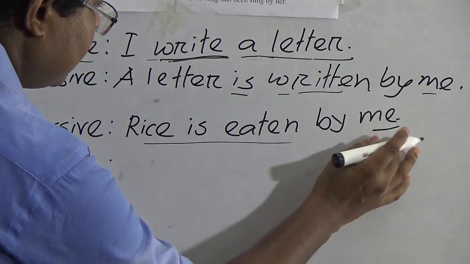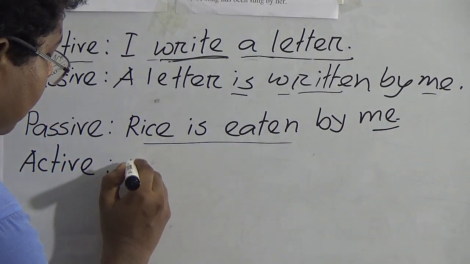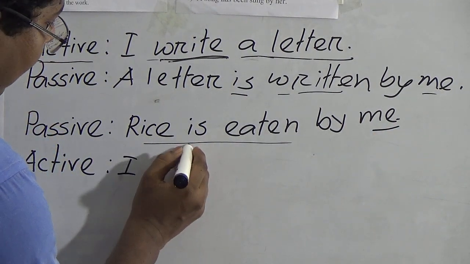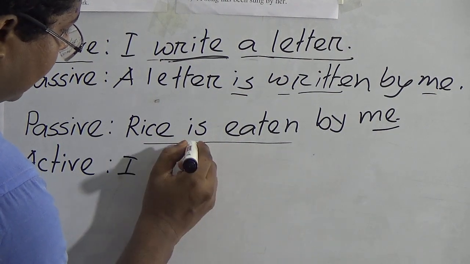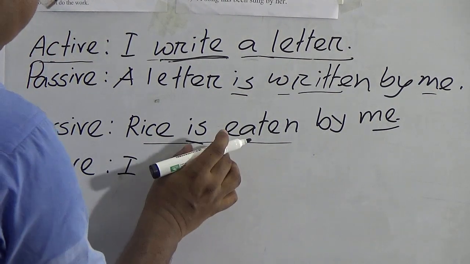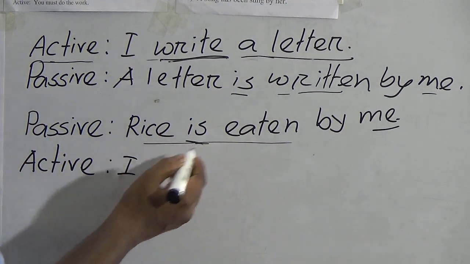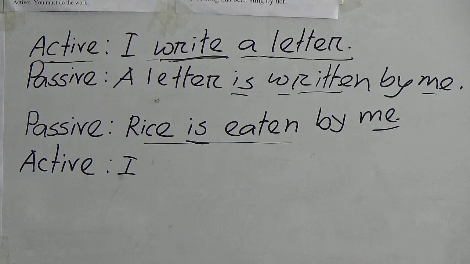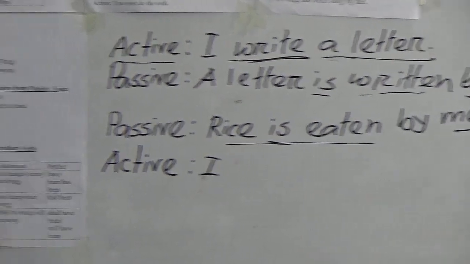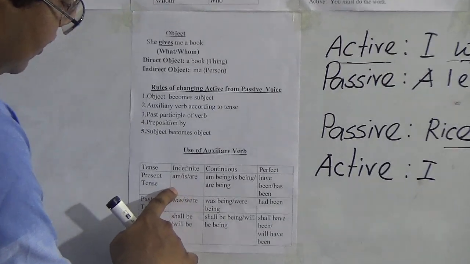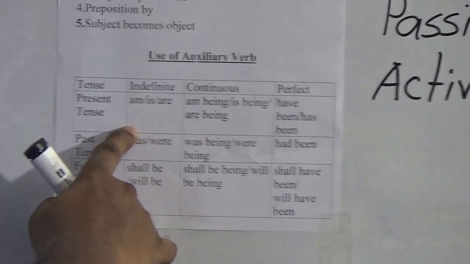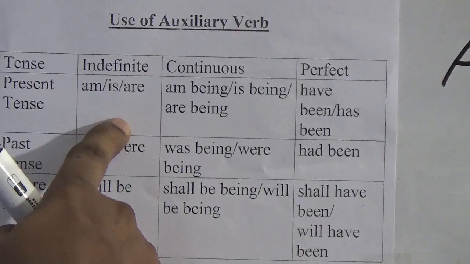So me here is the object, we will make it the subject I. Look very carefully at the auxiliary verb is. Which tense auxiliary verb is it? Look at this box. In present indefinite tense, we use am, is, are as auxiliary verbs in passive voices.